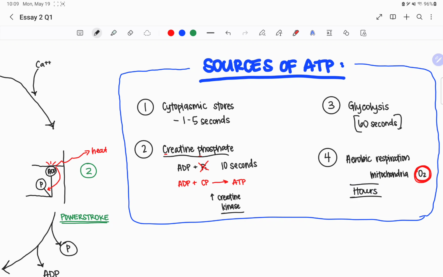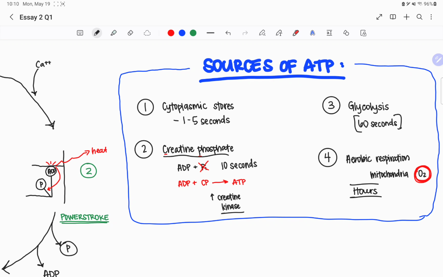So this one's obviously the best, but it's not meant to be used for high energy situations, high intensity situations, I guess I should say. That's probably a better way of saying it. So whenever you're doing something quick, you need to get out of a situation, those fight or flight moments, you're probably going to be using cytoplasmic stores, creatine phosphate, and glycolysis, all of those things.